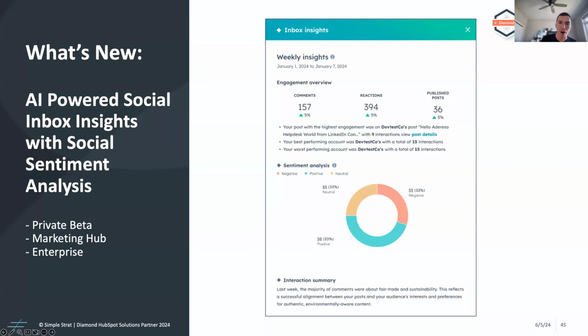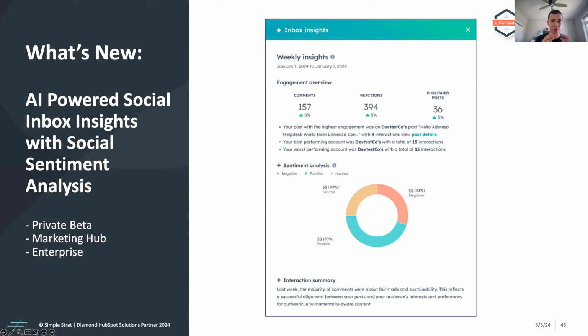If you're on Enterprise, HubSpot is, as you know, doing a ton of stuff with AI. And so this latest AI update is some ways for you to more easily draw insight from your social media interactions. So HubSpot is going to give you a new report across social media every Monday morning. It's going to give you four pieces of information.